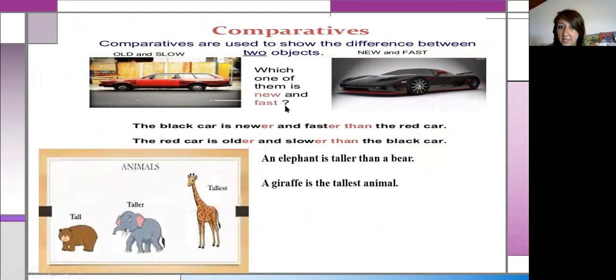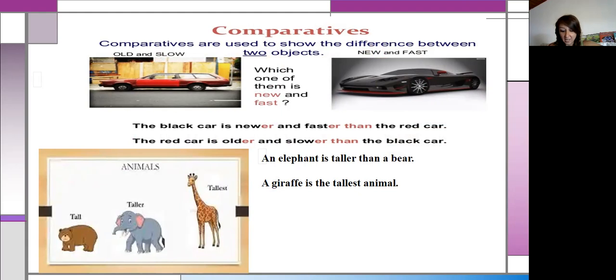Comparatives are used to show the difference between two objects. Look at the pictures and look at the cars, red car and black car. Which one of them is new and fast?